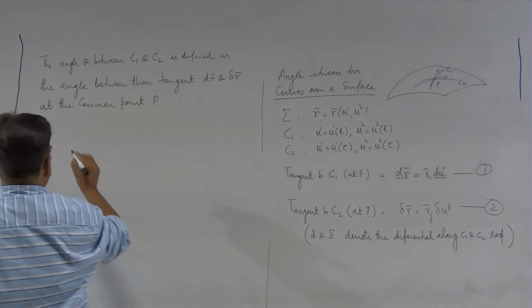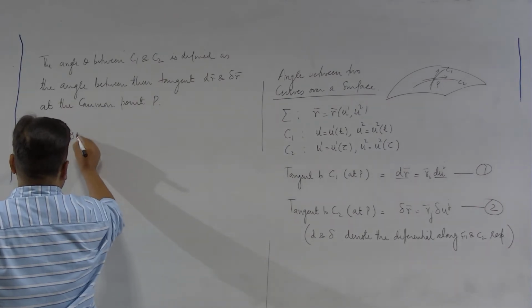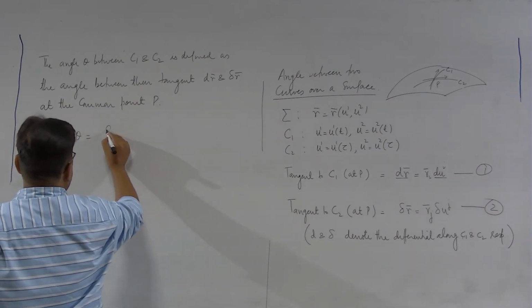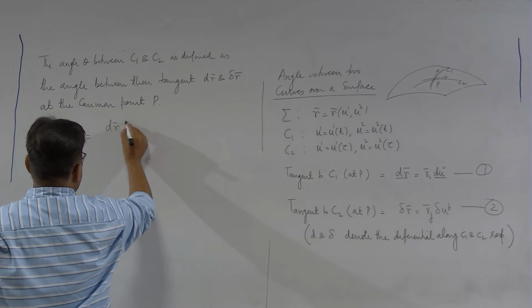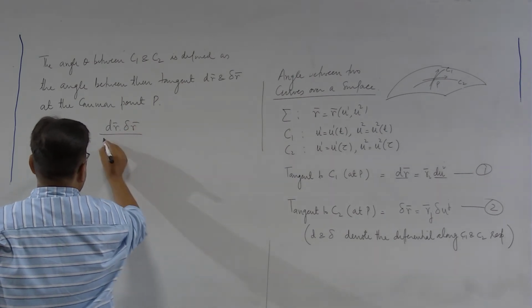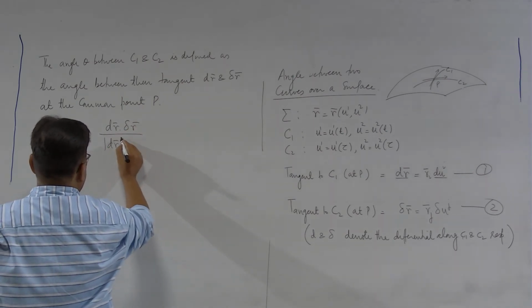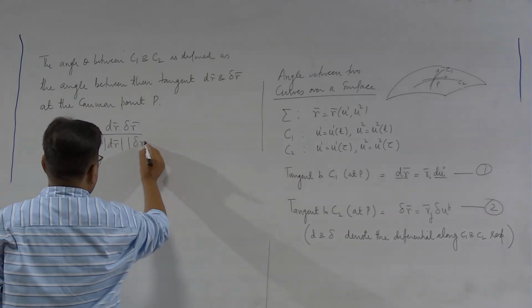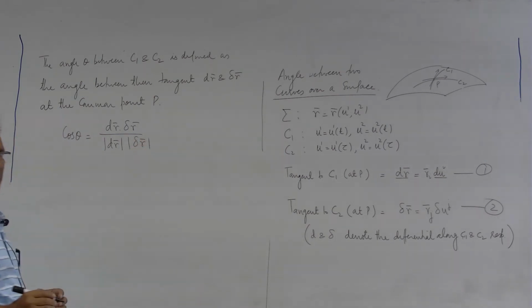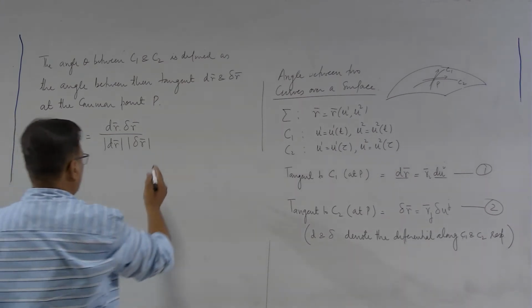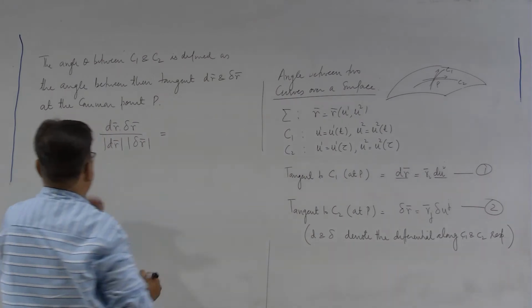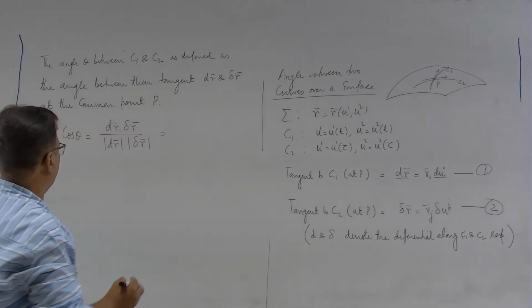So, cosine theta should be equal to dr dot delta r upon modulus of dr into modulus of delta r. So, this is what we know about the angle between two tangent vectors. So, I am using the same. So, we will work out what it becomes after simplification.